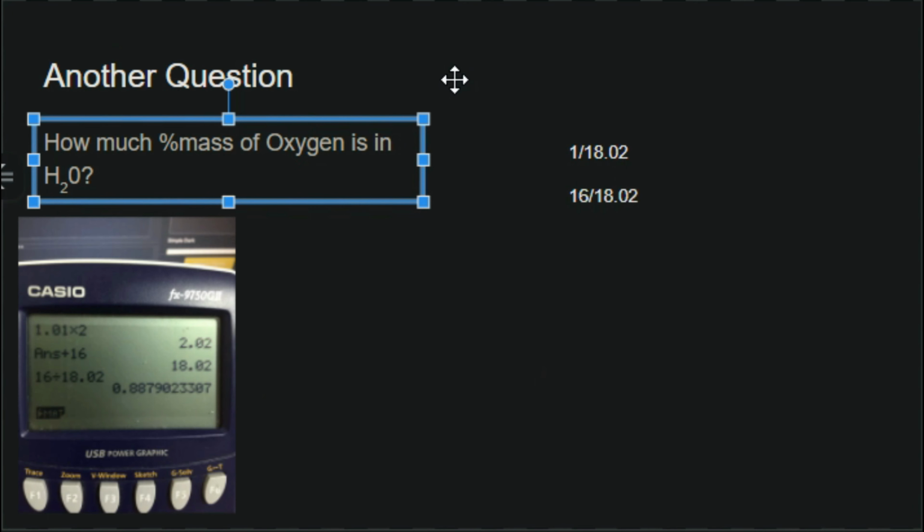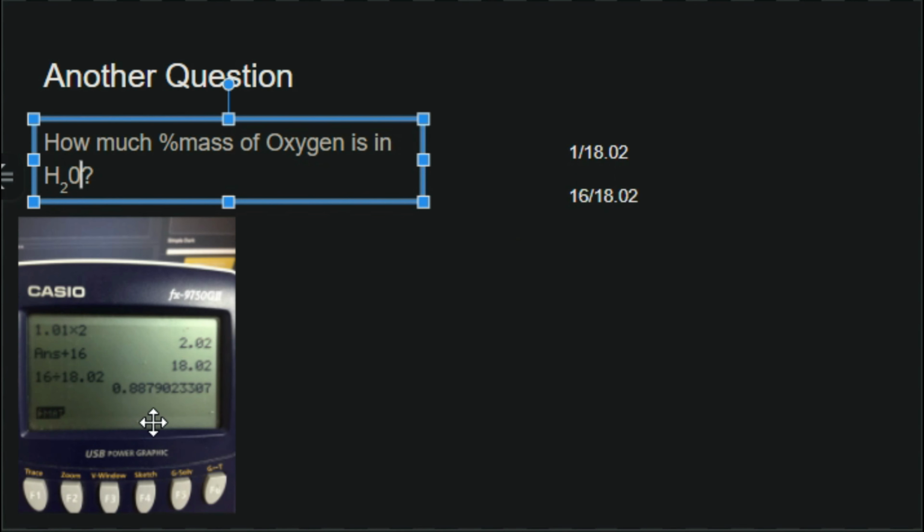To find the percent mass, it has to be the atomic mass of oxygen over the molecular mass of H2O.